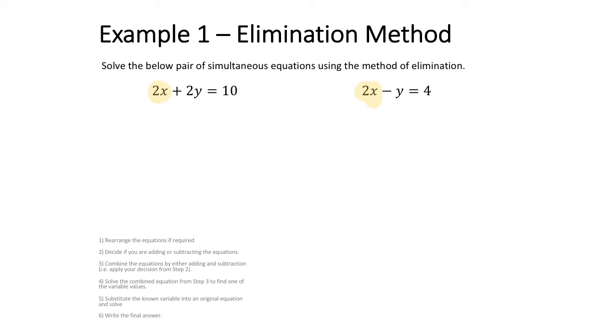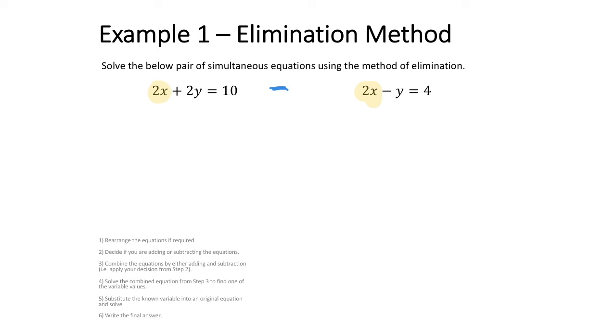The second step is to decide if I'm going to add or subtract the equations together. Because I've got a positive 2x and a positive 2x, when I combine my equations I want those to cancel each other out. Because they're both positive, I'm going to subtract my equations. So the next step is to combine my two equations by subtracting them.